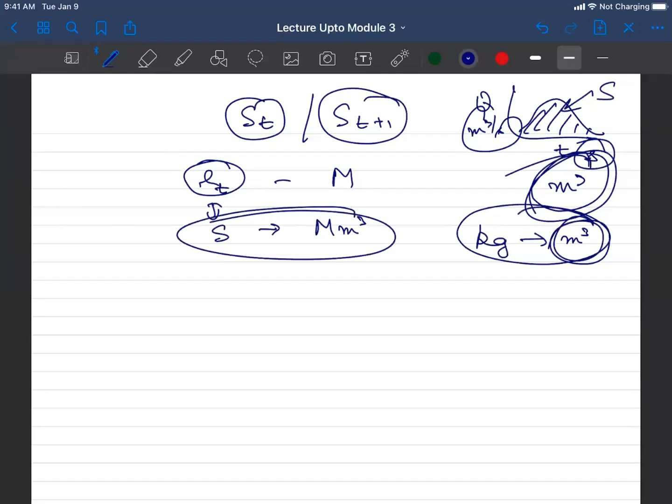But how to calculate that fraction? That is my ultimate problem. I cannot just assume 10%, 15%. It would be a very wrong estimate, because the quantities have increased so much that 10% of a few million or mega meter cube is going to be a huge quantity, right?